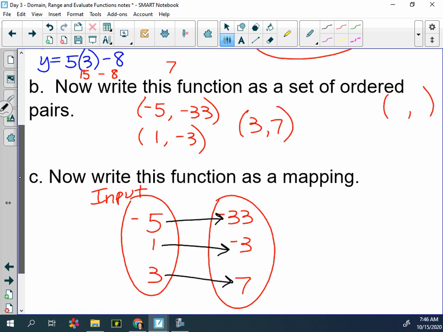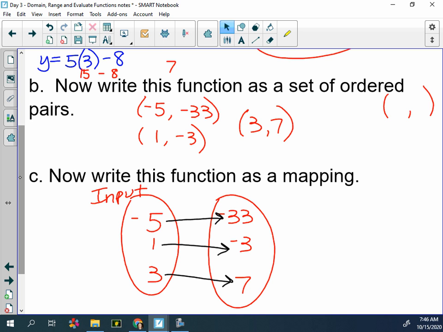Because I want you to try that on the bottom equation. Same set of directions, although I give you a different function. Go ahead and start that bottom one. I'll jump in and work through a little bit of it with you. As you're working, if you have questions, just let me know.